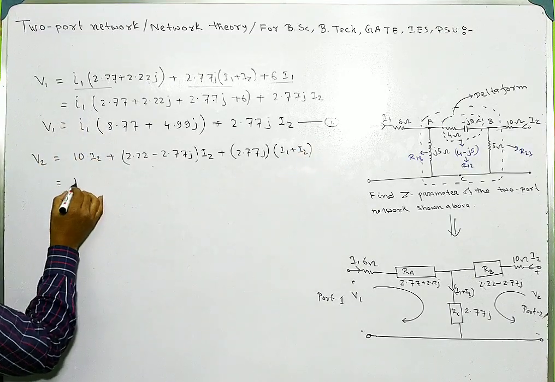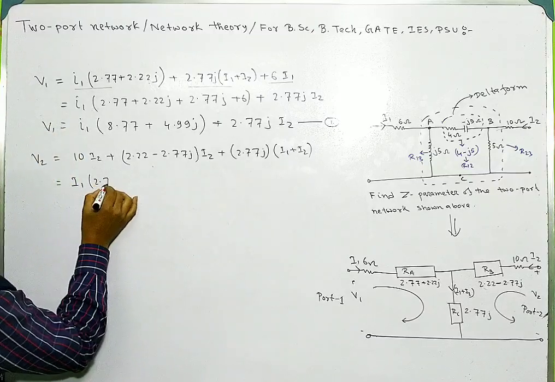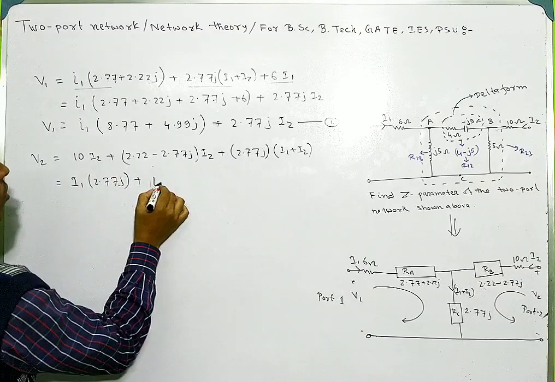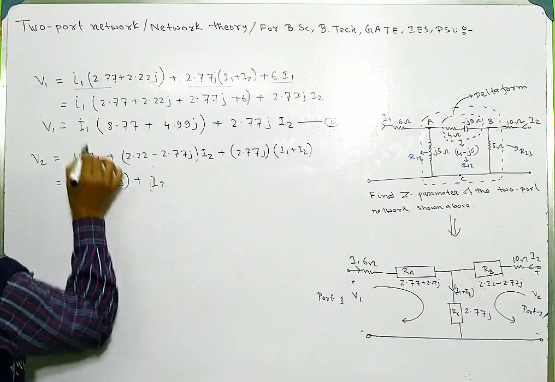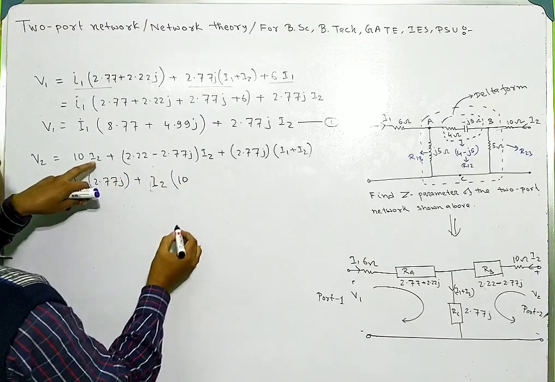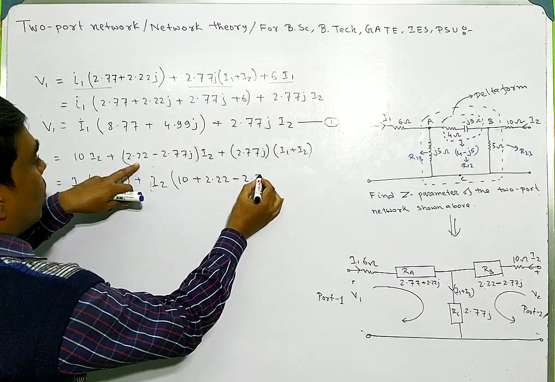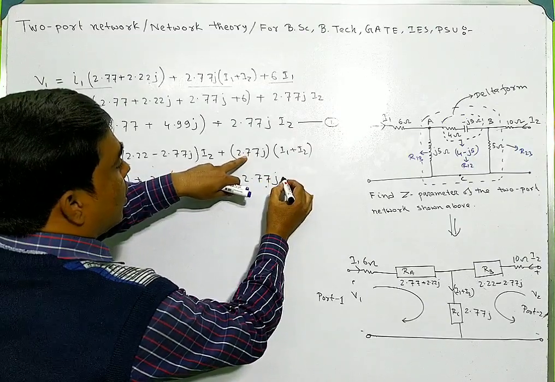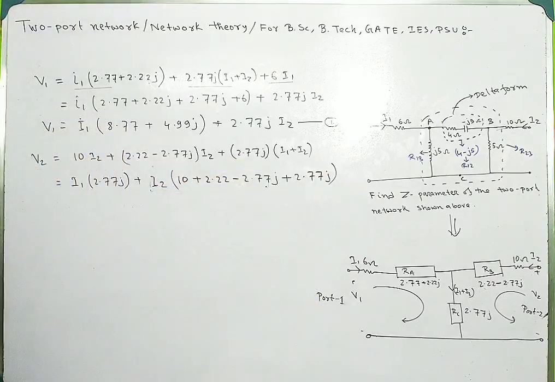So here I1 is I1 into 2.77J plus I2 into, there will be 10 and it is plus 2.22 minus 2.77J plus 2.77J, okay, this is I2.